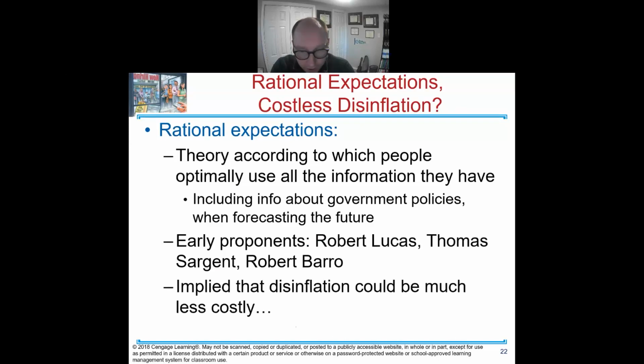So, of course, there's some rationale behind this. People optimally use information that they have to influence government policy decision making. When forecasting into the future, it is always difficult to tell what will happen next.